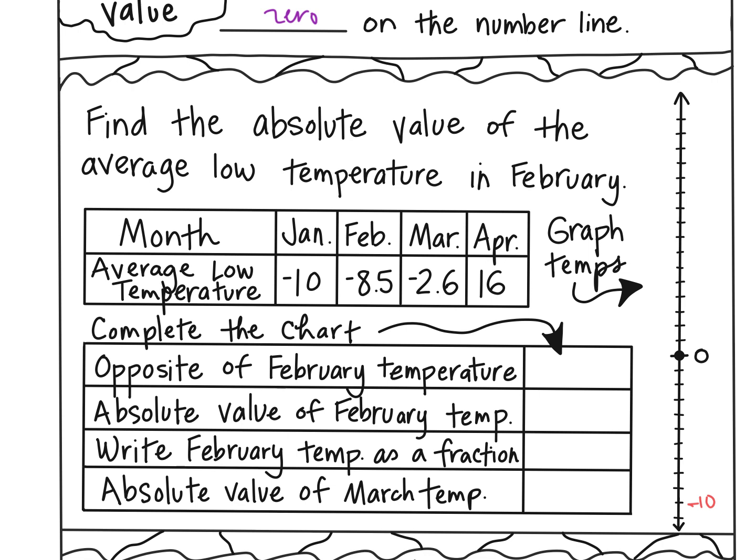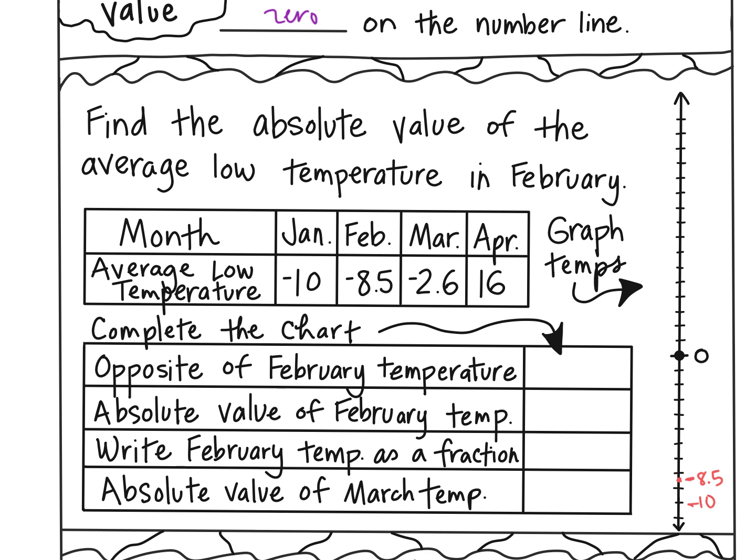Okay, I don't have an actual line for that, so where is it going to have to go? Kind of in between, yeah. So if I'm looking at negative 10 here, this is negative 9, this is negative 8, so it's going to go right between these 2 lines. This is negative 8 and 5/10. Then I keep going closer to 0. Now I want to plot negative 2 and 6/10.